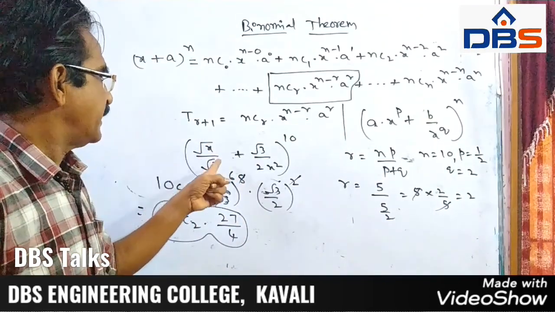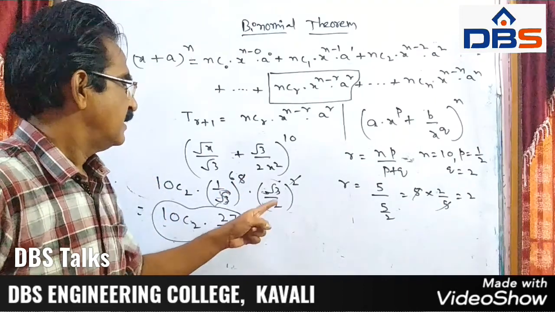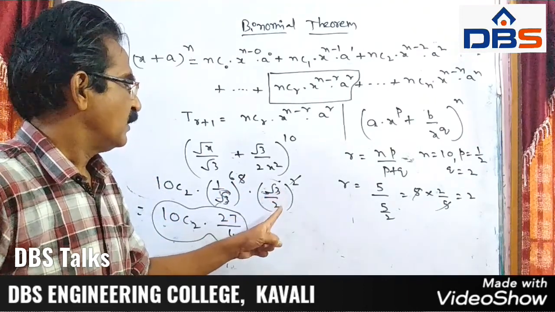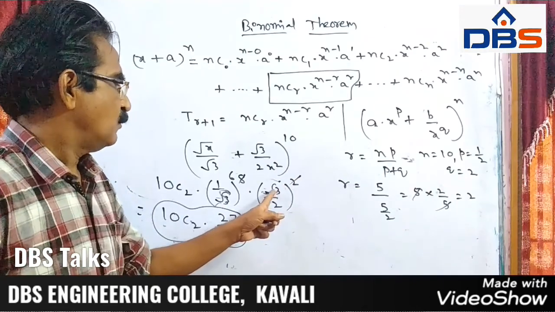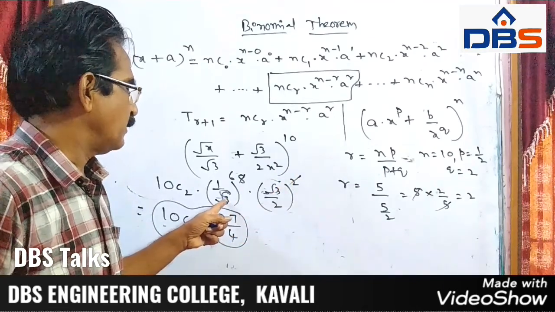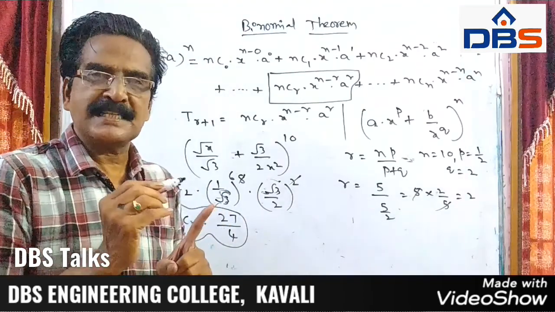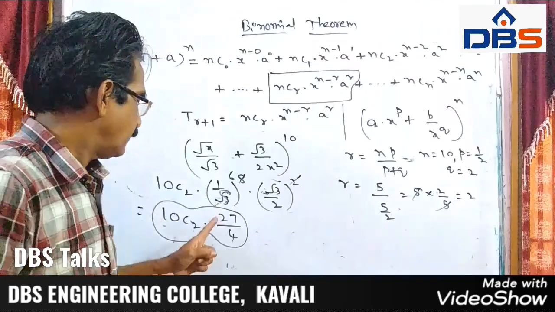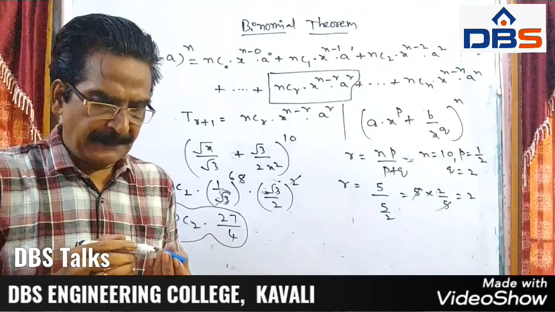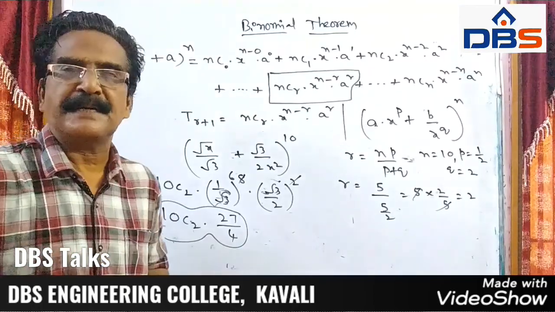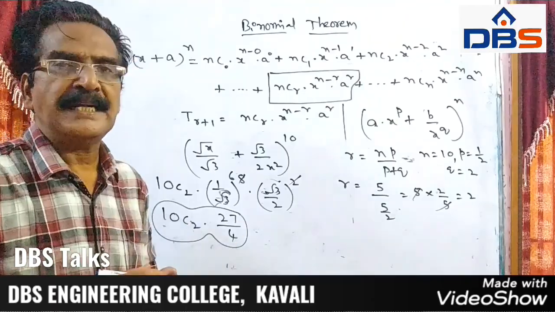The x part, 1 by root 3 whole power 8 into root 3 by 2 whole square: here 2 square is 4, root 3 whole power 6 means root 3 whole square is 3, 3 into 3, 27. 27 by 4. This is the term independent of x in this expansion. Otherwise you can find the value of 10c2 and work it out.